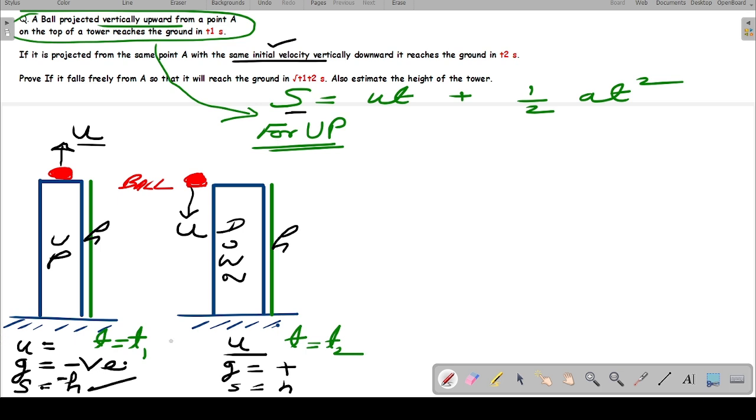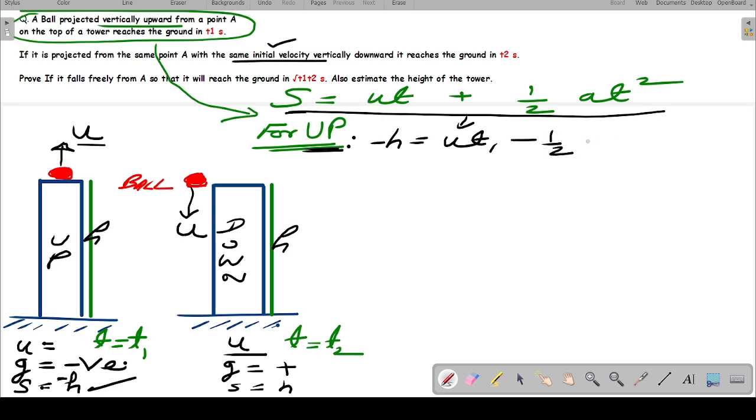So putting these values into the equation of motion s equal to ut plus half at square, for the upward direction this equation will become minus h, because that is the displacement when the ball is thrown upward, minus h equal to u times t1, that is the initial velocity which is already given, minus half g t1 square, because the value of a is minus g, right?